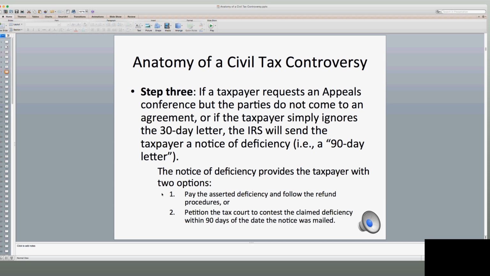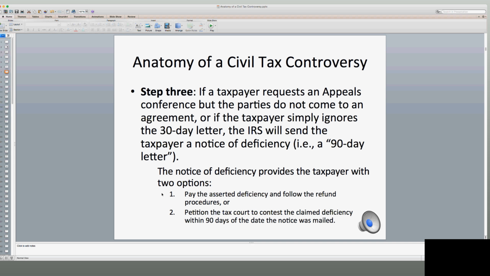The notice provides the taxpayer with two options: pay the asserted deficiency and follow the refund procedures, or petition the tax court to contest the claimed deficiency. If the taxpayer decides to dispute the asserted deficiency through this petition process, then he or she has 90 days from the date the notice was mailed to file the petition.